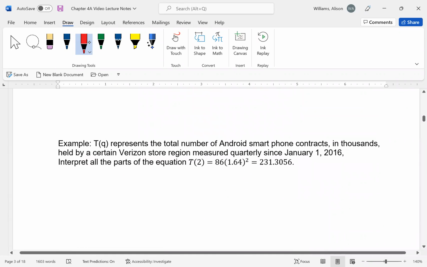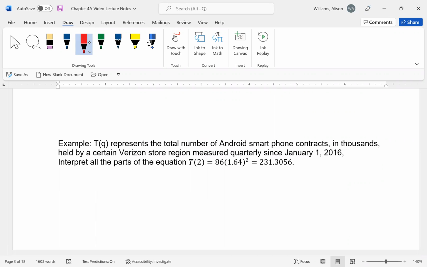Let's try this example. This one is giving us a scenario, and they're asking us to interpret what it means. T of Q represents the total number of Android smartphone contracts in thousands held by a certain Verizon store, measured quarterly since January 1st, 2016. Interpret all the parts of the equation. T of Q is by quarters.